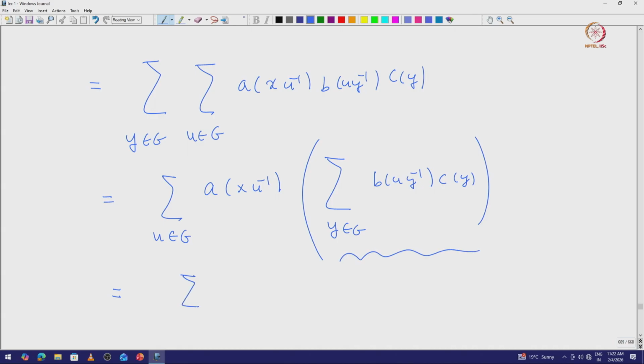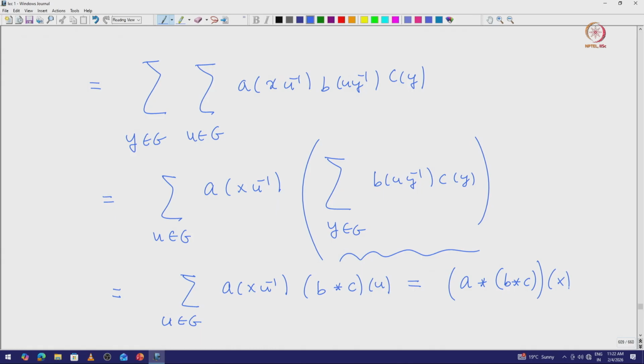So, this is summation u in G, A of x u inverse, B star C of u, which is exactly equal to, now if you use the definition for A star (B star C), then you can see that this is exactly A star (B star C) at x.